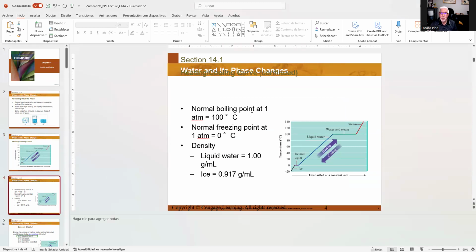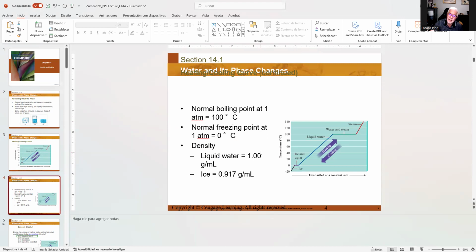The normal boiling point at 1 atmosphere is 100 Celsius, while the normal freezing point at 1 atmosphere is 0 Celsius degree. The density of water in the liquid state is 1 gram per milliliter, while the density of the ice is lower.